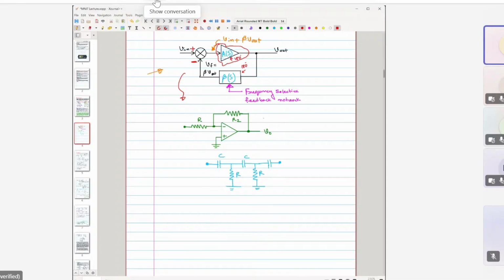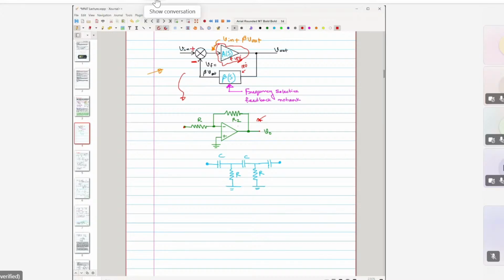So this is an inverting amplifier. Why are we using the inverting amplifier? Not the non-inverting one, because here we are assuming that this is producing 180-degree phase shift. And you know, if you are using an inverting amplifier, that will also produce 180-degree phase shift. So this is that inverting circuit.